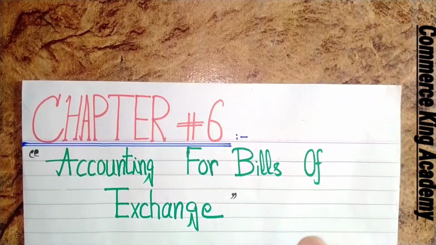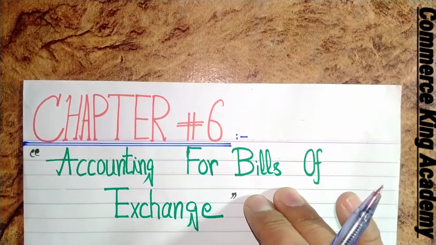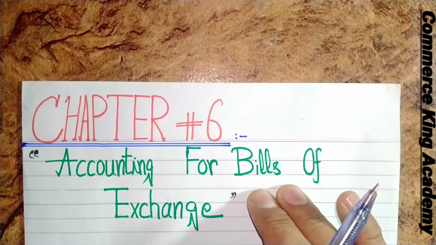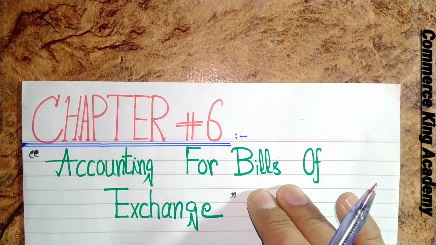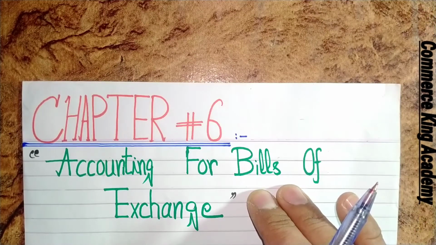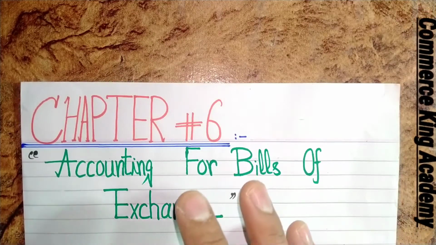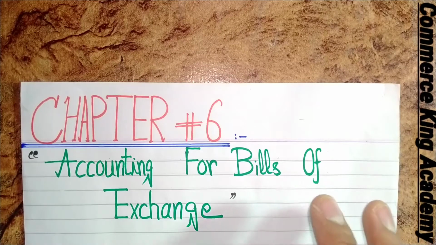In this context, a bill of exchange is a method of payment used between businessmen which has certain advantages over other methods of payment. It has a very precise definition from the Bill of Exchange Act 1882.